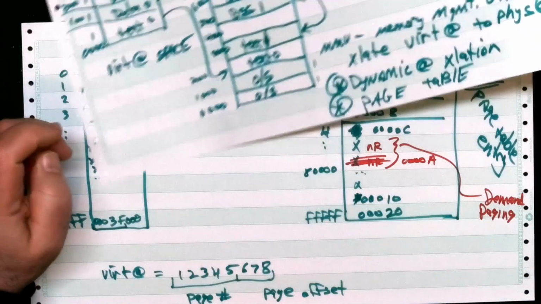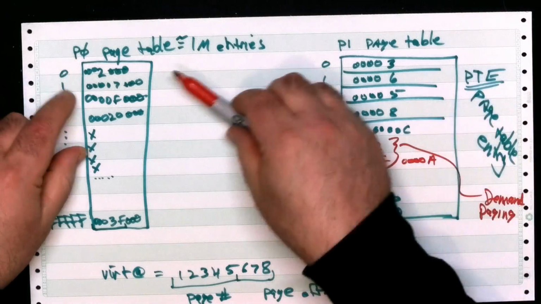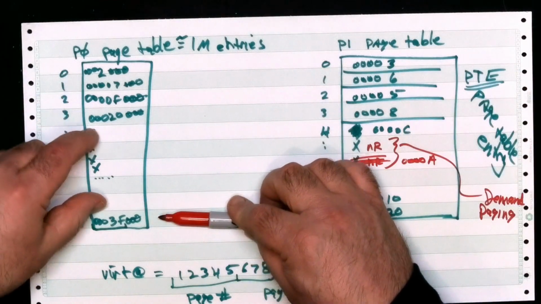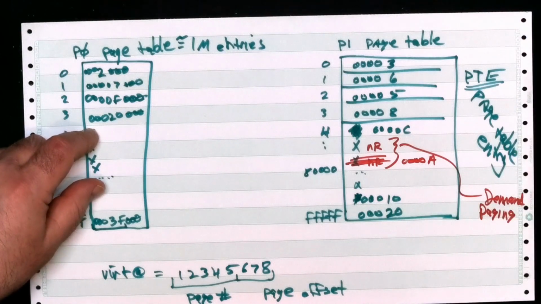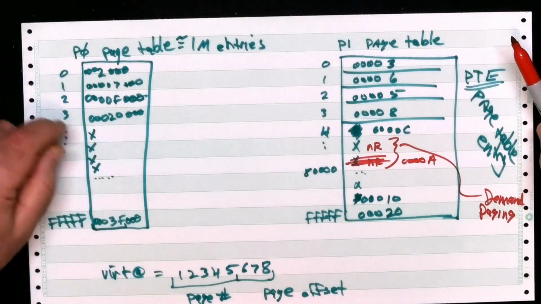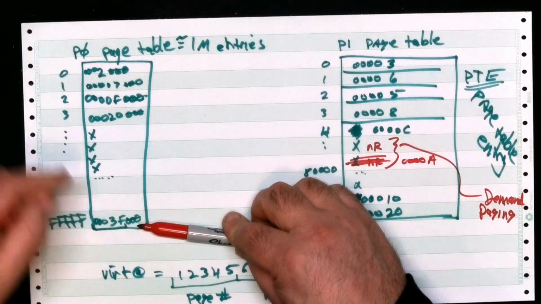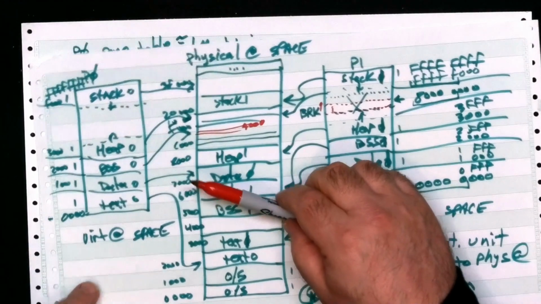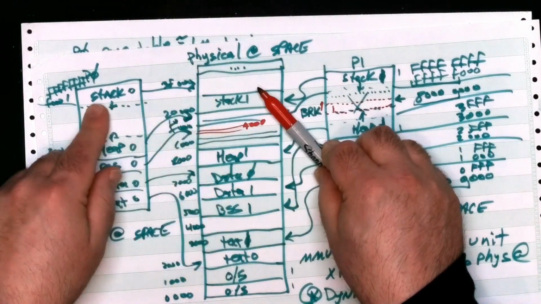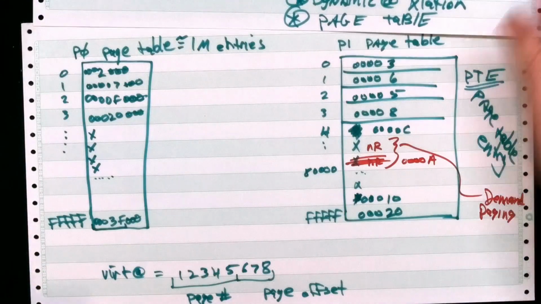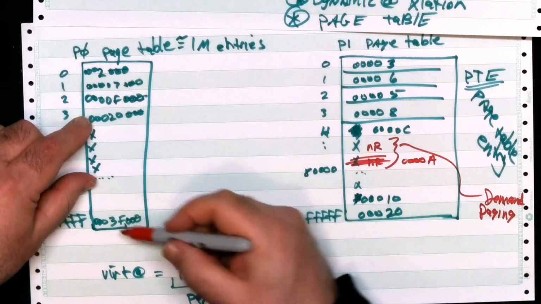How does that work? Well, let's say this process here has been running for a while, and I want to start up process number 2 or process number 3 and so on. And I need a page or a bunch of pages. What I can do is say, look, process 0 has been running a long time. I'm going to steal the page where his stack data is and take it away from this process. So what I'm going to do there is copy that page to disk.